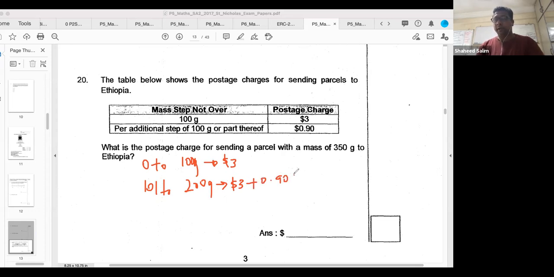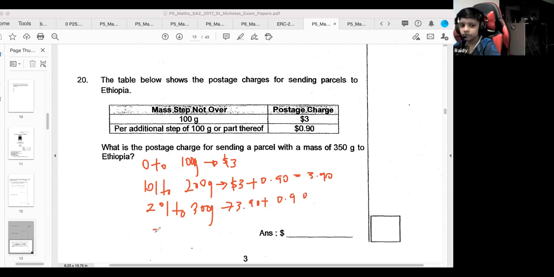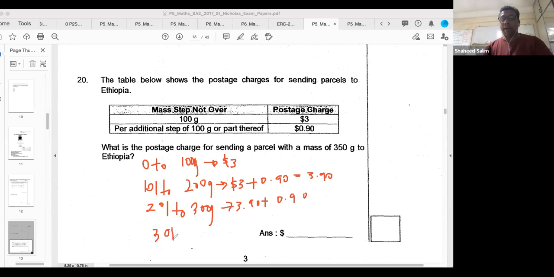So it becomes $3.90. For the next, 201 to 300, you must add another 90 cents. So now $3.90, you must plus another 90 cents. You get it or not? You can count, 350 is how much? 350 lies in 301 to 400. This category, you must add another 90 cents.